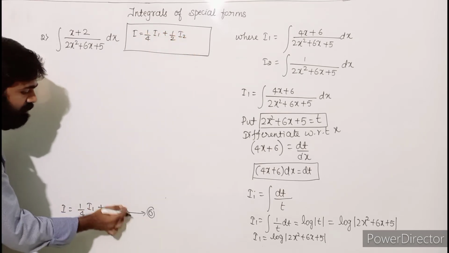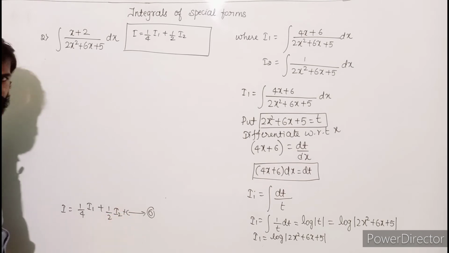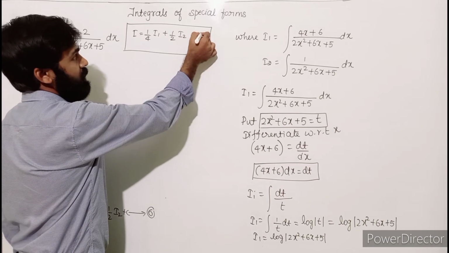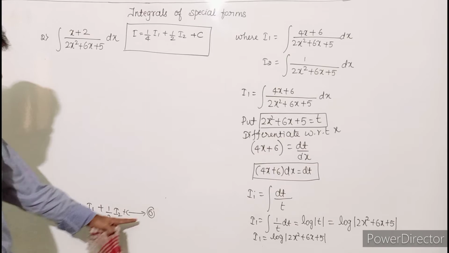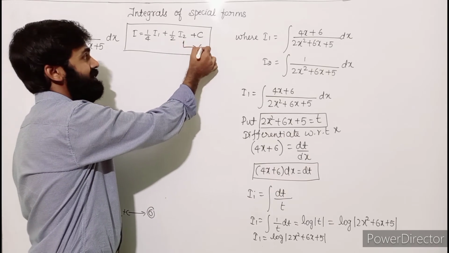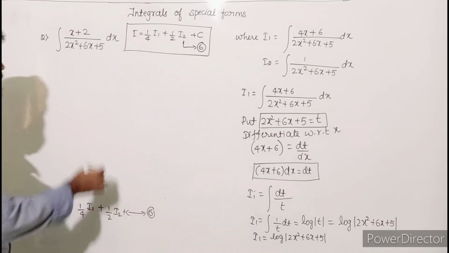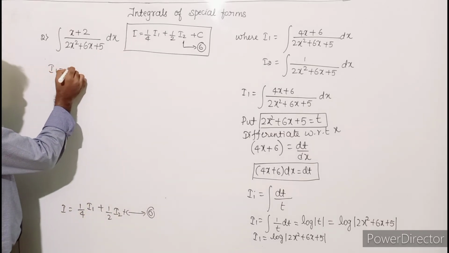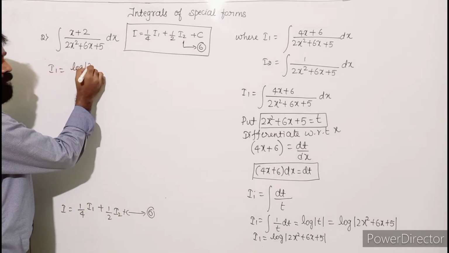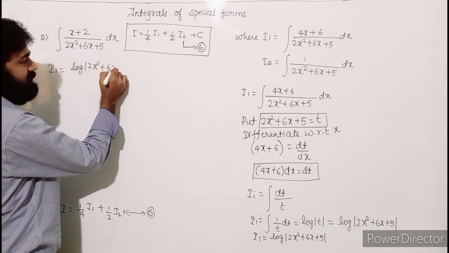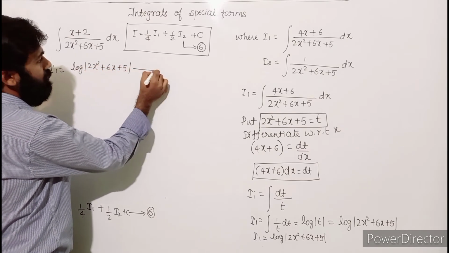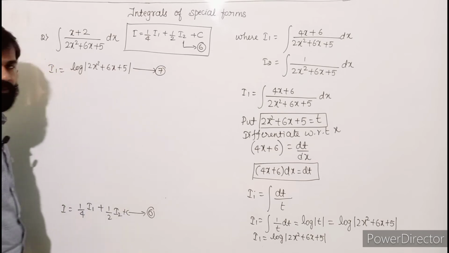I'll write plus constant of integration C also here. That is nothing but equation 6. Right. Now whatever value of I1 I have got, I will write it here. I1 is nothing but log of mod of 2x square plus 6x plus 5. I will call it equation 7.